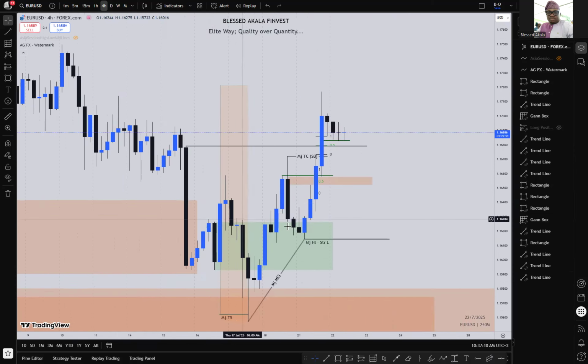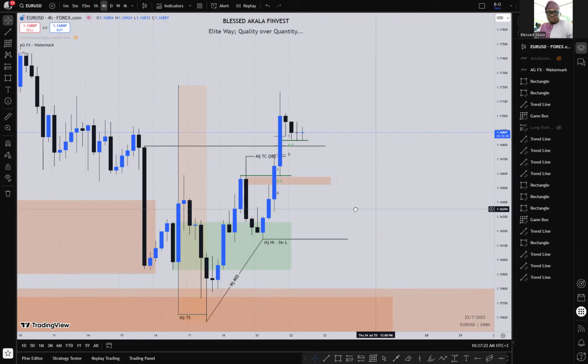We missed that because I was actually anticipating that we could come into this level, this particular order block, the lower part of the level, to be able to buy from that level.